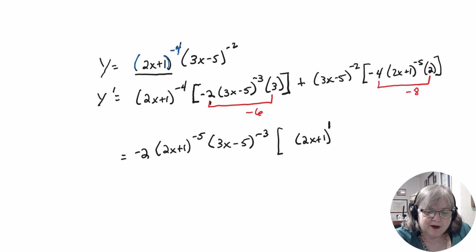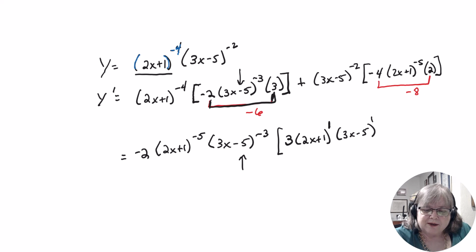we're looking up here, I had this negative 2 times this 3, which was a negative 6, and I factored out a negative 2, so that would leave me 3, and I'm going to put that in front. Then I had this 3x minus 5, and I factored out a 3x minus 5 to the negative third.